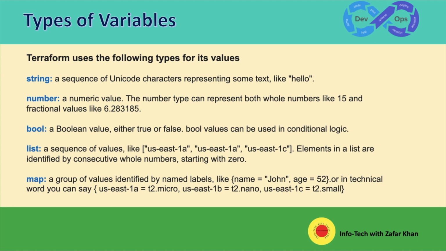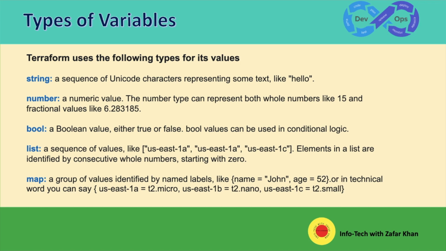The number type can represent both whole numbers like 25, 15, 16, whatever it is, as well as fractional values like decimal values, 6.25, 6.28. So these are numeric values, and that's why they come under number variables.